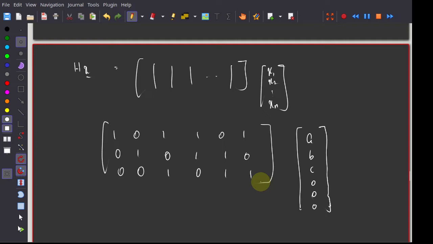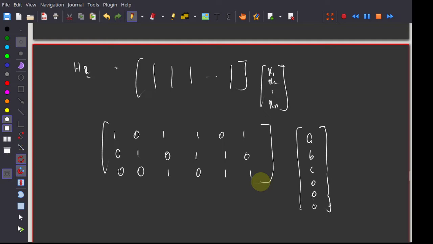Why? Rows and columns, right? So the rank itself cannot be any greater than 3. So if I take any 4 columns, they will be linearly dependent. So I don't even have to go beyond 3. So I know that D minus 1 is at least 2 and D minus 1 can be at most 3.